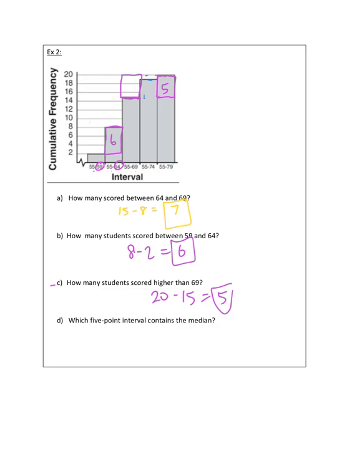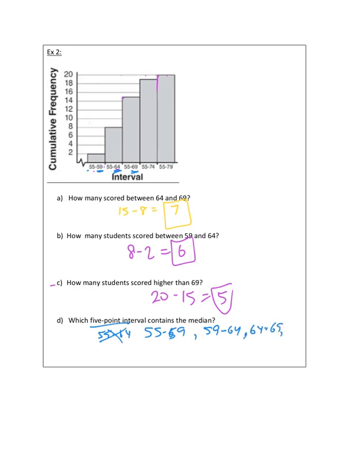Part D, which 5-point interval contains the median? So this one's kind of a little bit tougher. The 5-point interval that contains the median is asking you, when they say 5-point interval, they're saying like not 55 to 64. That's not 5 numbers. That's not 5 points. A 5-point interval is 55 to 59, the first one, or it could be, I'm looking at the numbers here, 59 to 64, or from 64 to 69.